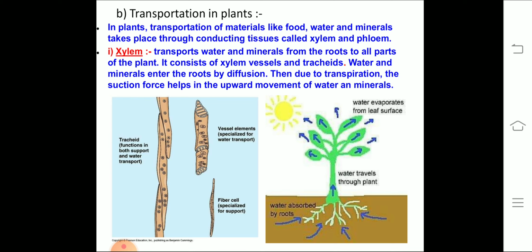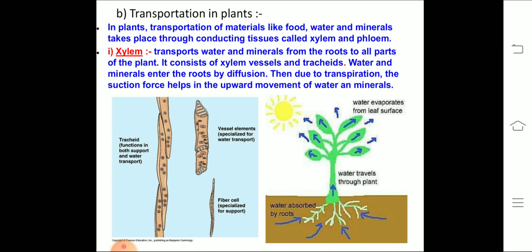As the water evaporates from the stomata of the leaves, it creates a suction pressure. This suction pressure pulls the water from the roots to the leaves through the xylem pipes. The xylem pipes means tracheids and vessels. That pull is called transpirational pull.